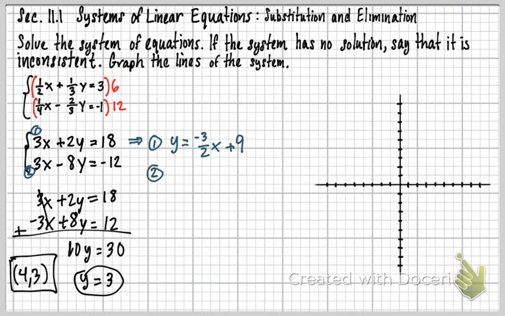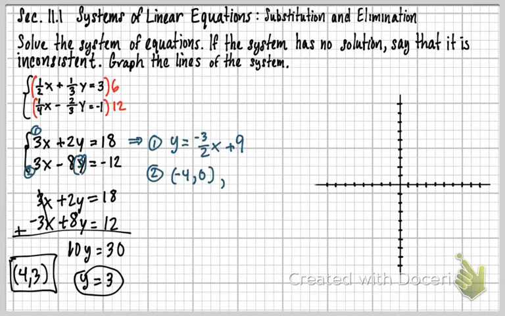So I'm going to do 2 points for the second one. So the first point I'm going to use is 0 for y. So that's going to be (-4, 0). And another point is, and I hate to tell you guys this, but the point (4, 3) is also a point. And if I wasn't sure about that, if I put in a 3 here for this y, that's going to be 24.